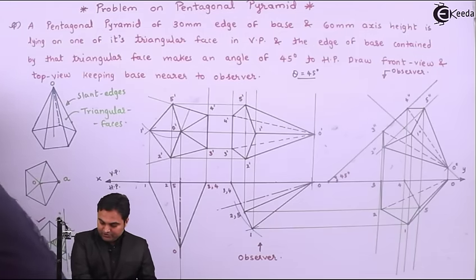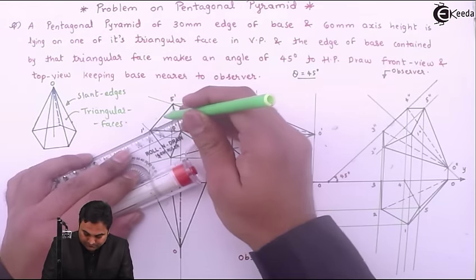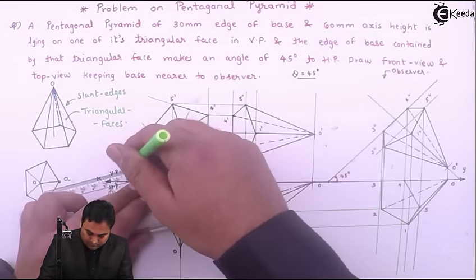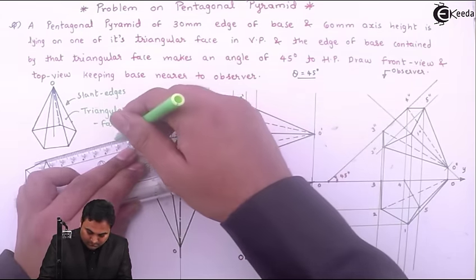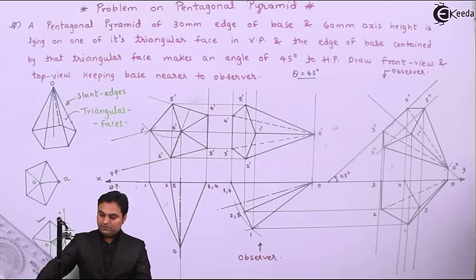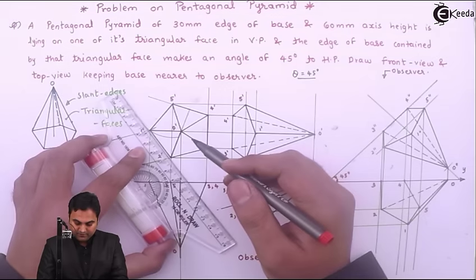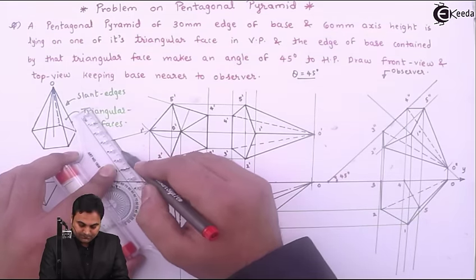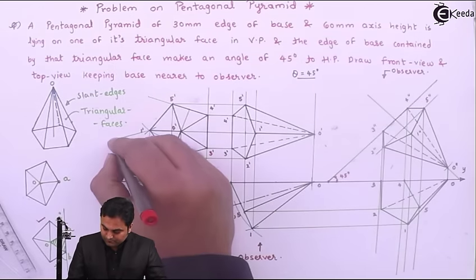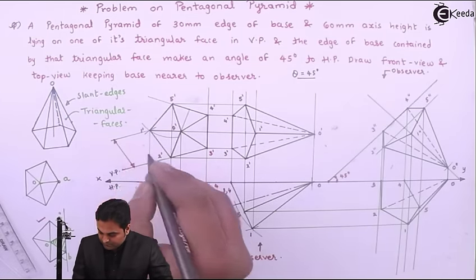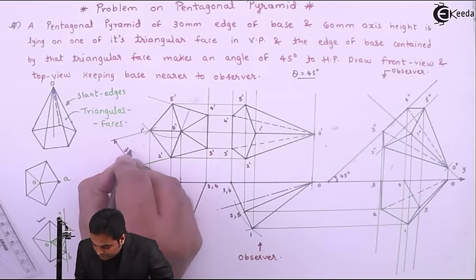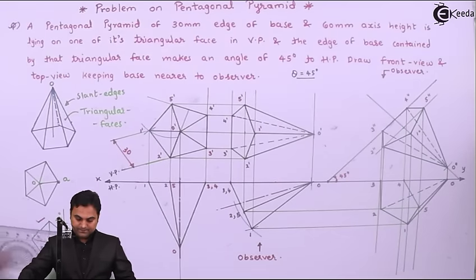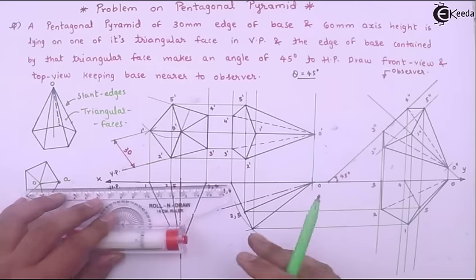Next, I'll give the dimensioning to it. The edge of base is 30 mm given. So moving parallel to this, edge of base is 30 mm and the axis height is 60.